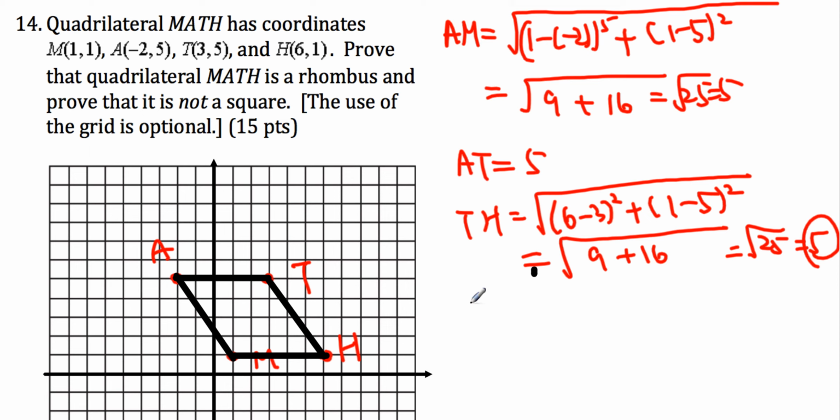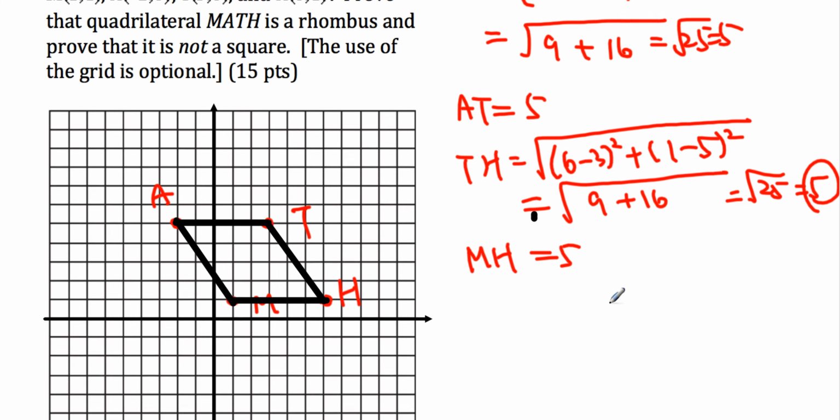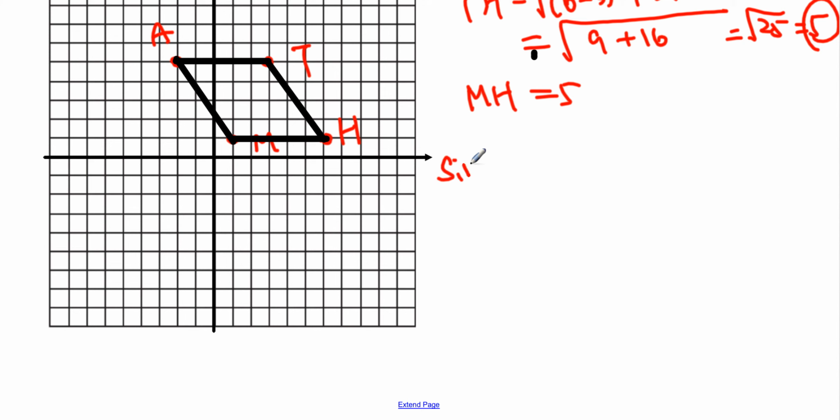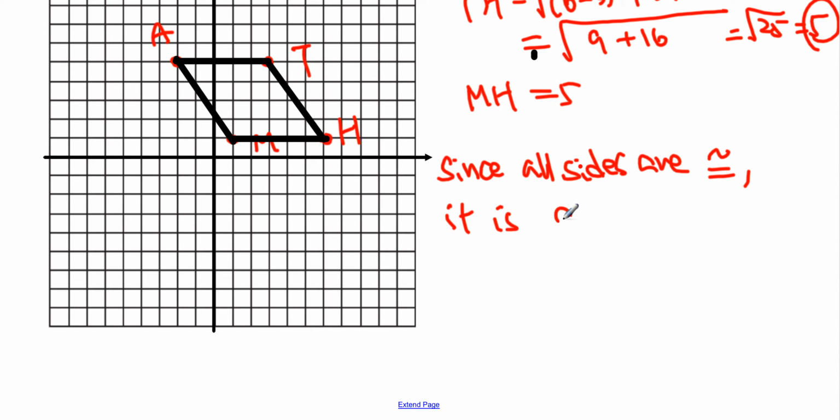And then MH is also equal to 5 because you can count the boxes. Since all sides are congruent, so it is a rhombus.